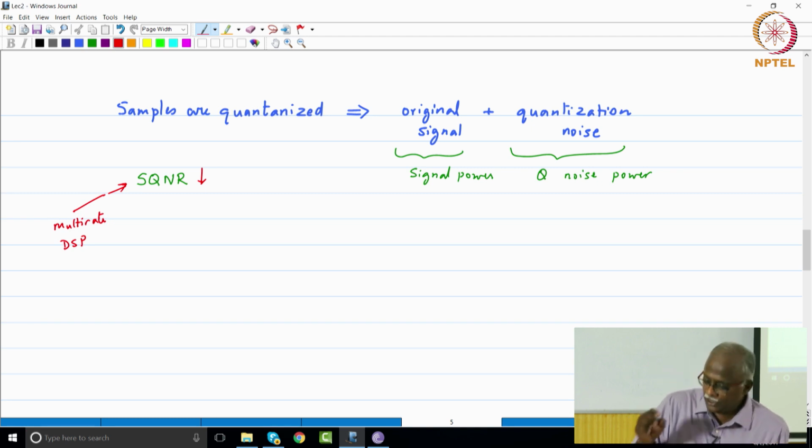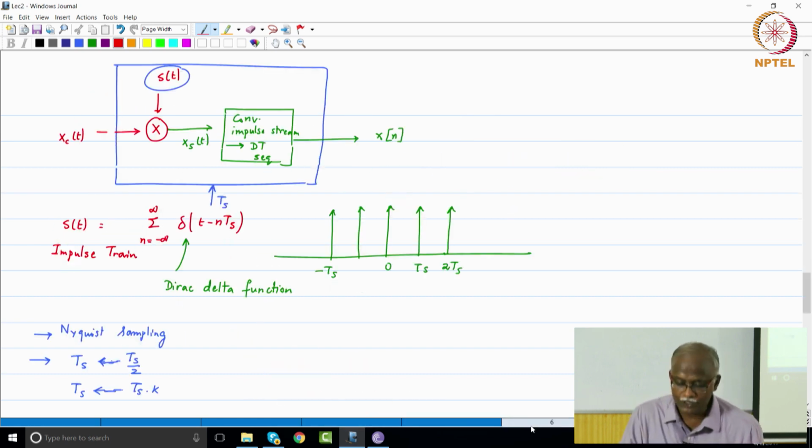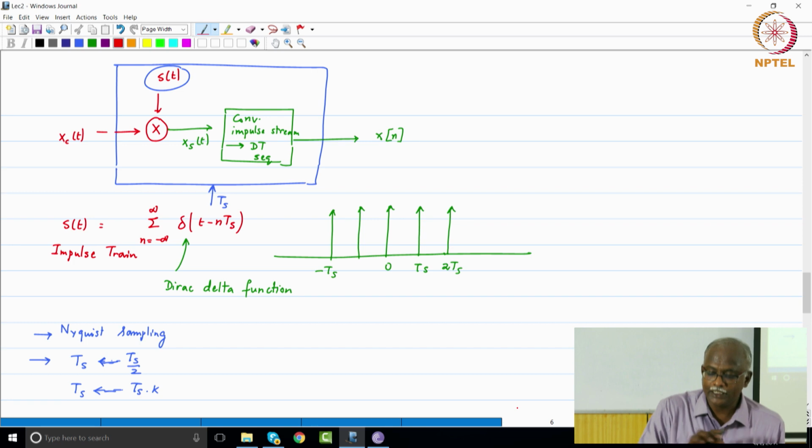Okay, so given that picture, we can now say that the C to D, that is what we are focusing on, is going to take the continuous time signal and multiply it by a train of impulses as we talked about yesterday. The spacing between these impulses is going to determine how finely I will sample the continuous time signal.